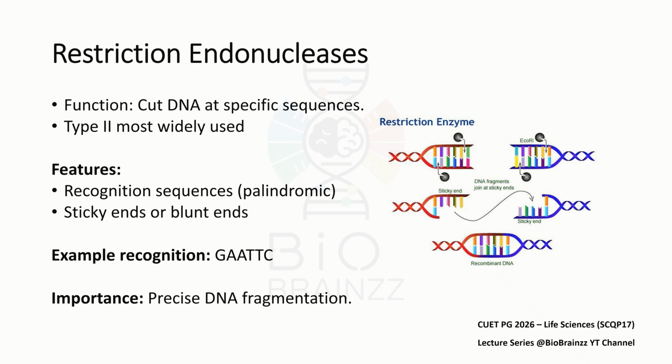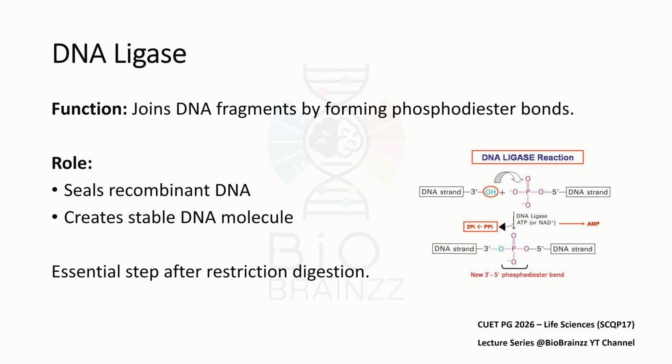Restriction endonucleases are enzymes that recognize specific nucleotide sequences and cleave DNA at those locations. Most commonly used are type 2 restriction enzymes, which cut within recognition sites that are typically palindromic. After DNA fragments are generated, they must be permanently joined to form recombinant molecules.